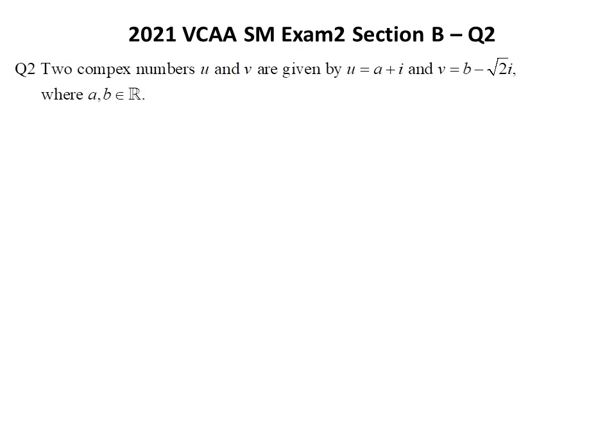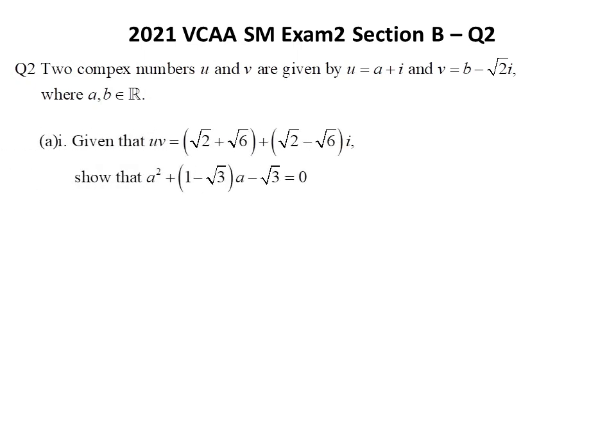There are 2 complex numbers, u and v, in question 2. u equals a plus i and v equals b minus square root 2 i, where both a and b are real. There are 4 parts in this question, and part A has 2 sections.